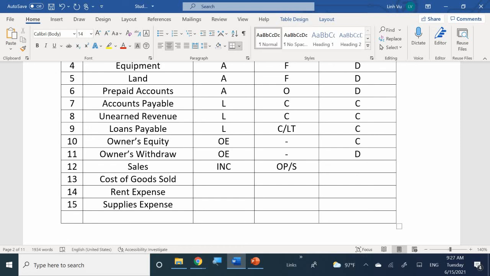So take a look at your accounting model. How would I increase revenues? With a credit, because the other side is I must be receiving cash.